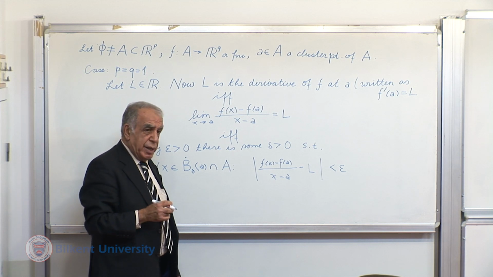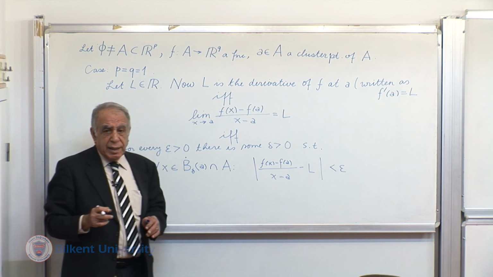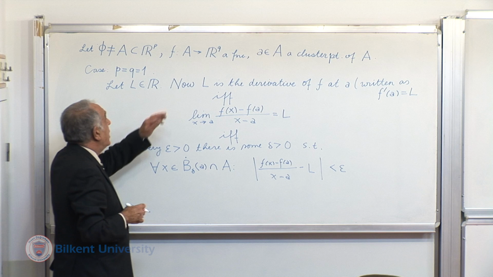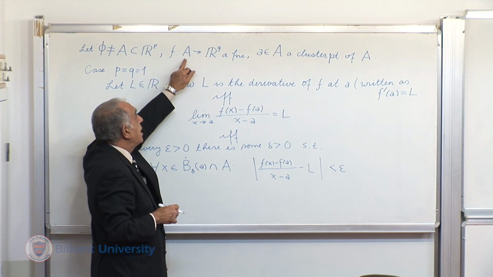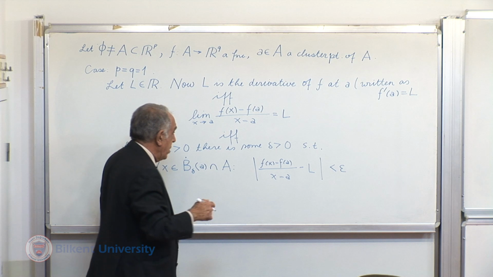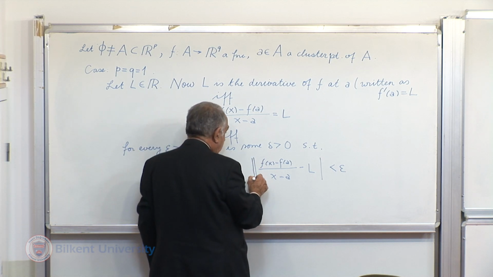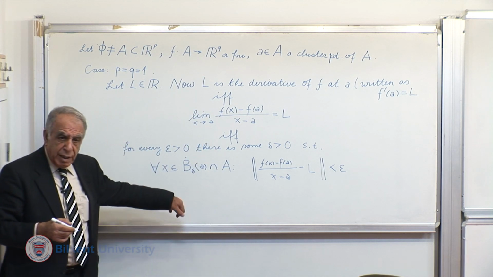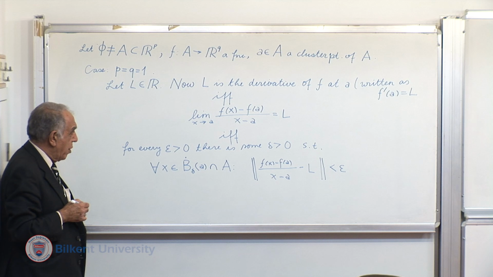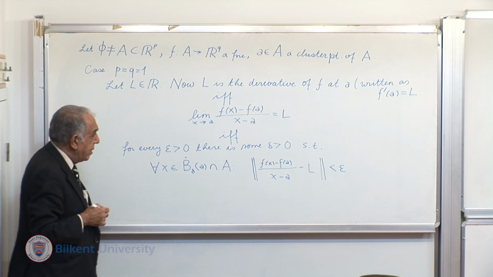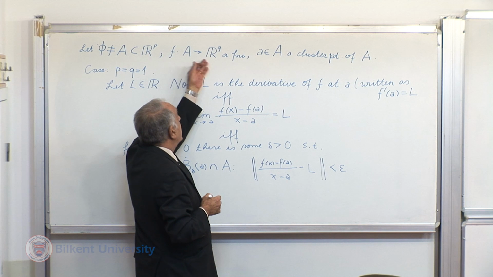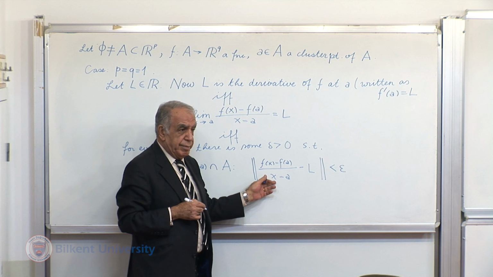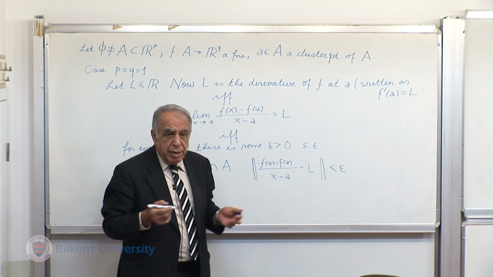As we wish to reformulate this condition in such a way that it also makes sense when we have a function on a subset of R^p with values in R^q, well, this is the absolute value, but the absolute value is nothing but the usual norm in R. So let me write this in the norm fashion. Now here, if it's on A with values in R^q, this will be a p vector and division by a p vector.